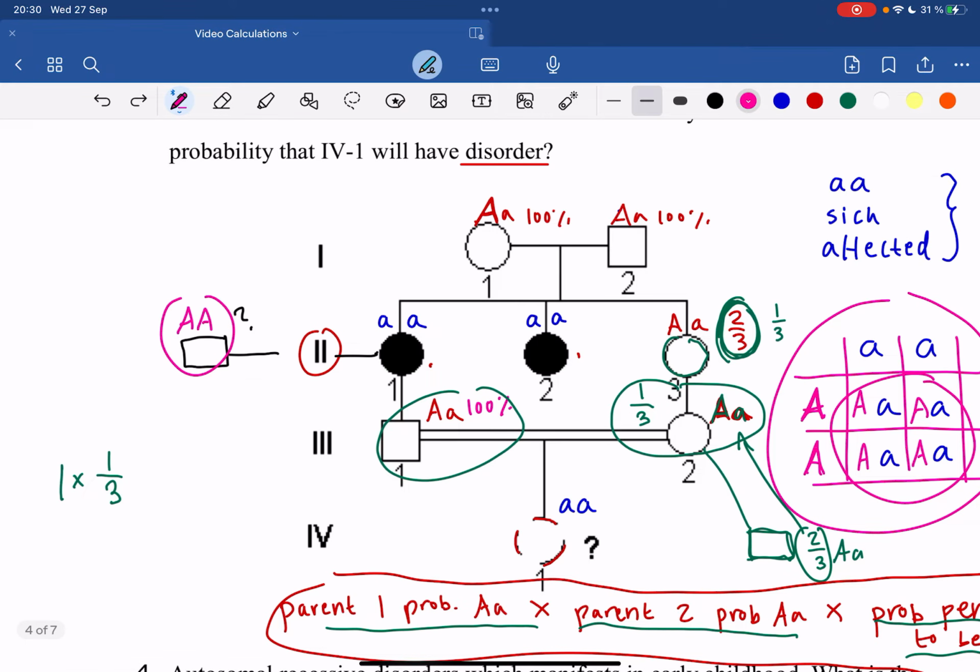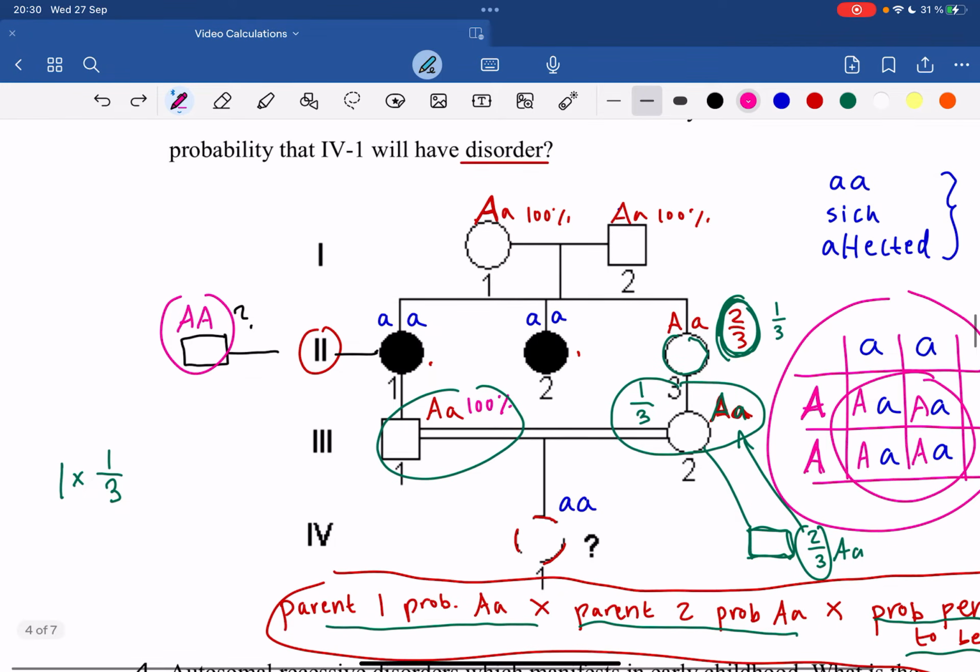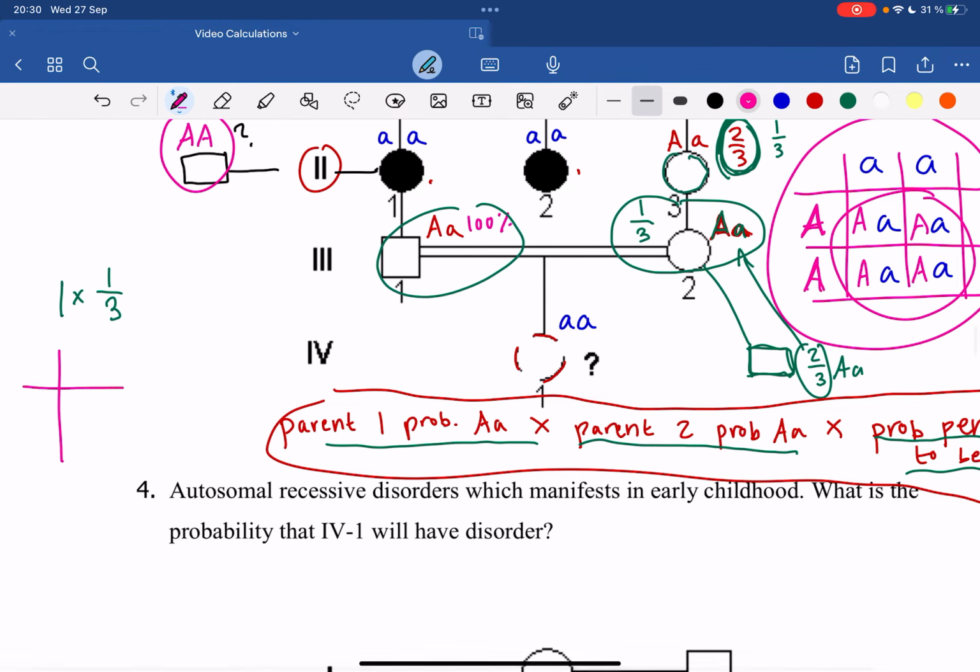Okay, if both parents are heterozygous, remember. So let's draw a Punnett square right here. So both parents are heterozygous.